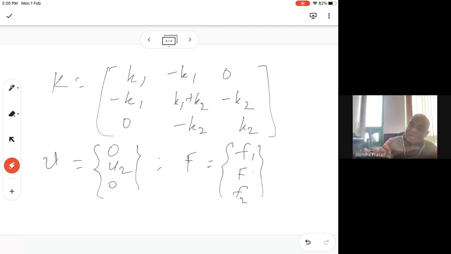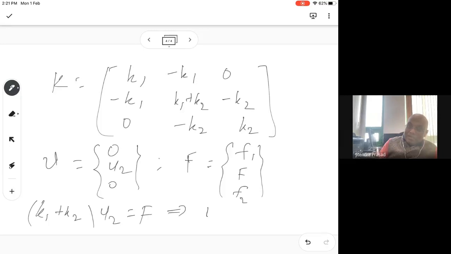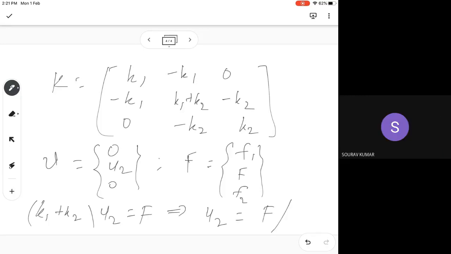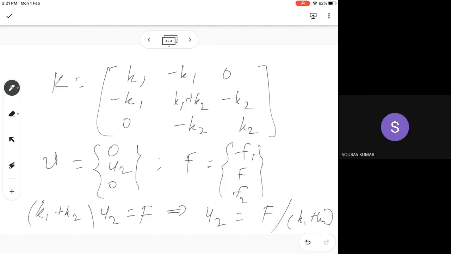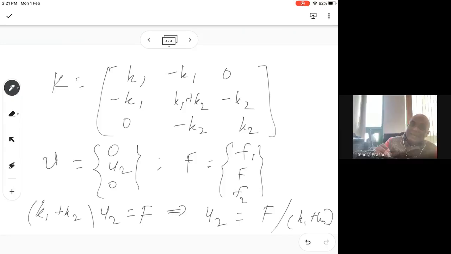That means we don't want row 1 or row 3. For row 2, the first term becomes 0 because there is a 0 here, and the last term also becomes 0. Hence what you have simply is K1 plus K2 multiplied by U2 equal to F, and you get U2 equal to F over K1 plus K2. This is the answer, and it makes sense.